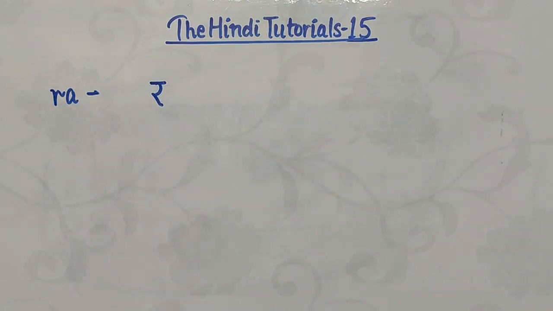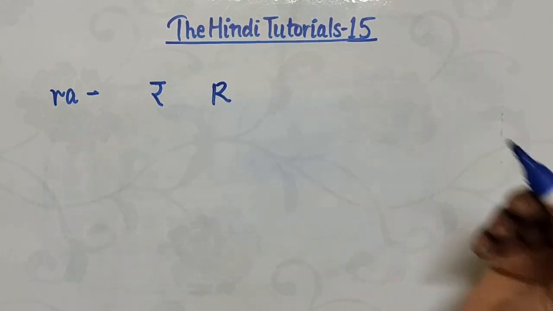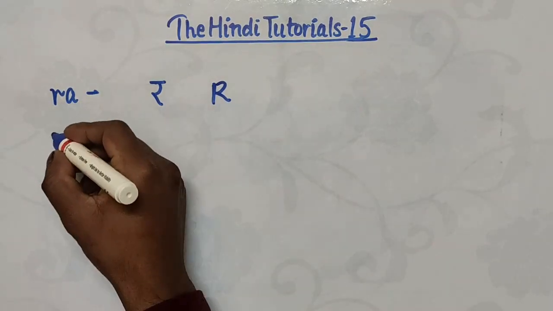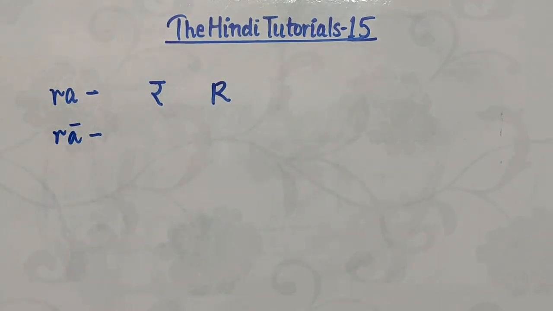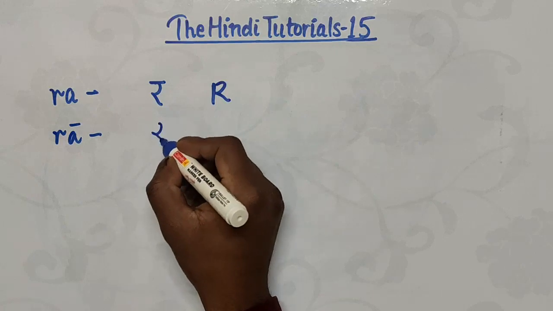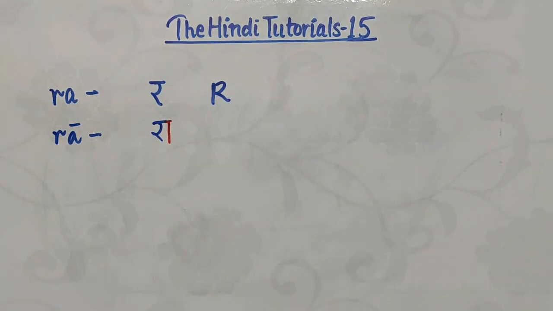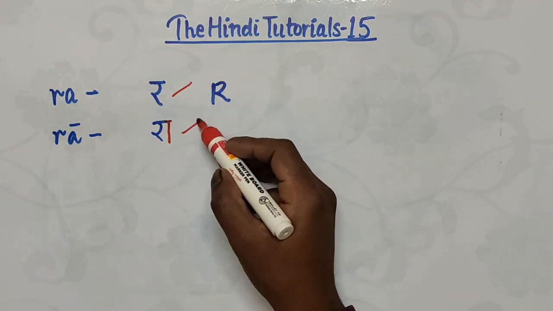This becomes r, quite similar to the capital R of English. Now, as you already know, if you want to write ra, you just have to add a vertical stroke. This becomes ra. Ra, ra.